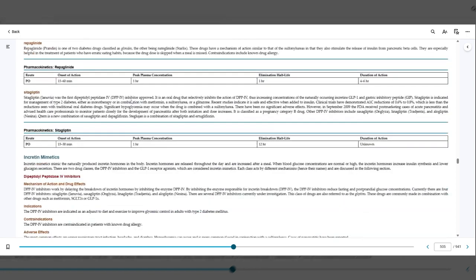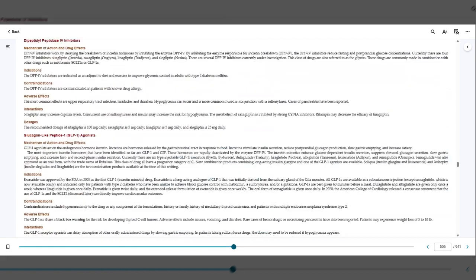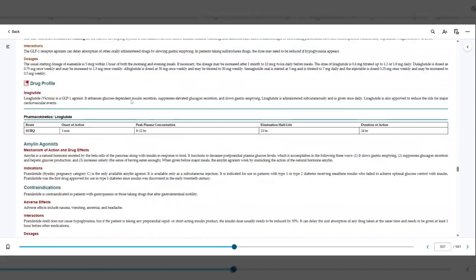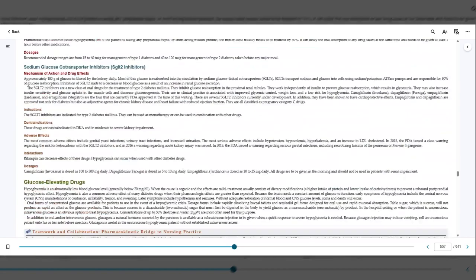I do want to scroll to the bottom here and look at some of my indicators. So all of these are going to work on my patient's blood glucose level by providing that insulin that they need to get the glucose into the cell. So because it's doing that, the biggest side effect could be that it throws my patient into hypoglycemia.